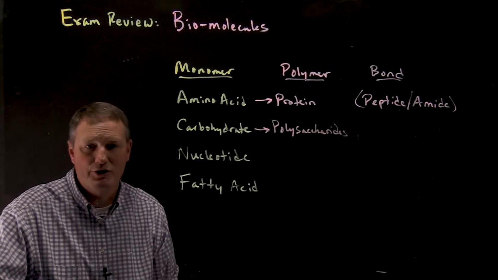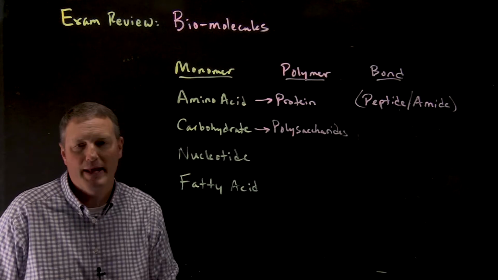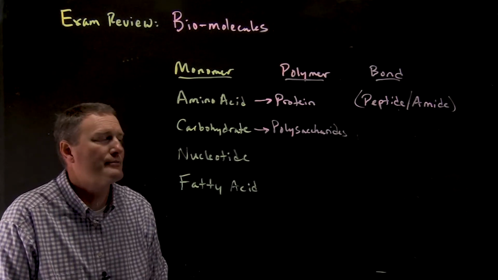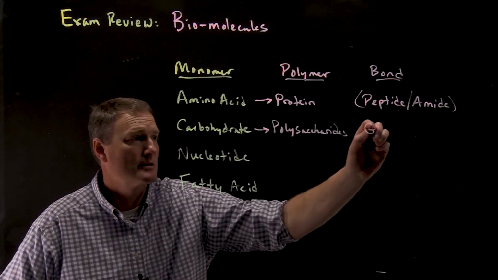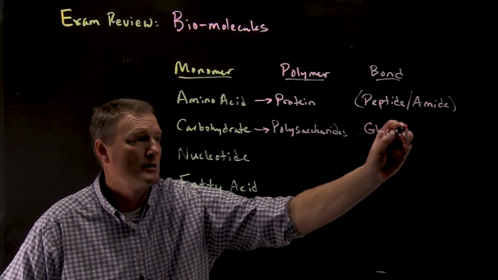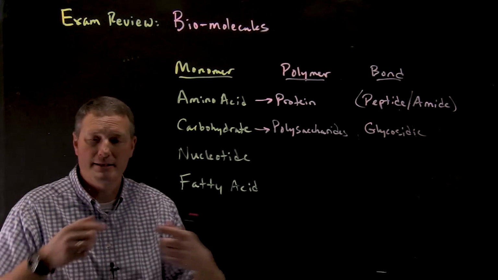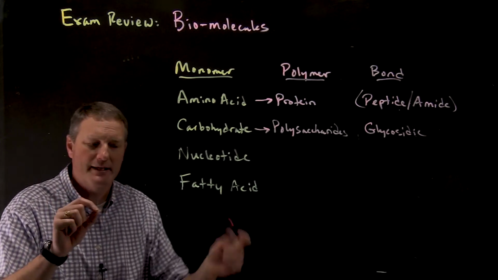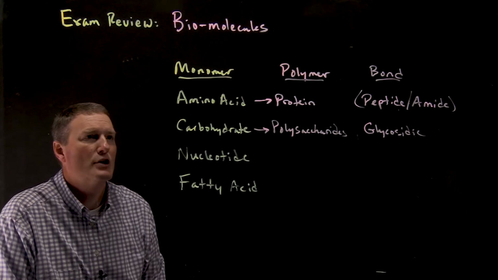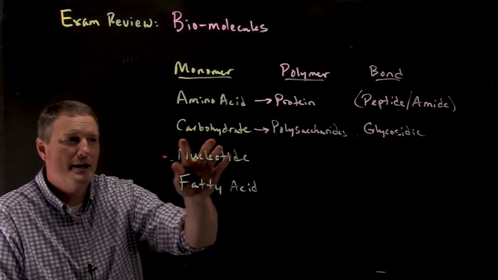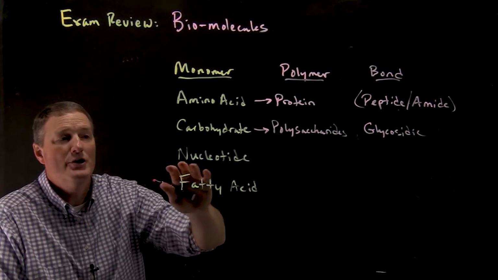Okay, things like glycogen, or in the case of plants, cellulose or amylose. And those are held together by glycosidic bonds, okay, which connect the anomeric carbon typically to some other alcohol on another sugar. All right? So again, we're dealing with the monomer here, and then we're going to the polymer.